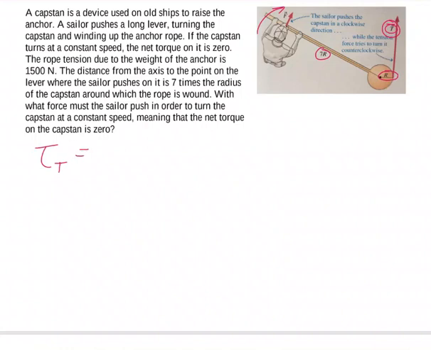So that's going to equal the radius, back to the pivot point, which is sitting right here. Remember, we always go back to the pivot point. Times the tension times sine phi.